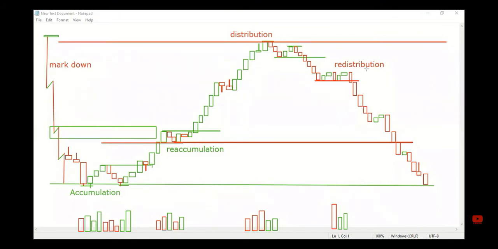So when again there is a range and the sellers' candles volume is higher than the buyers', more possibility that the breakout happens in the downward direction and it will go more down. That time it's a distribution, it's a redistribution. If we again see this type of ranging situation, bearish candles volume high, the market falls down, breakout happens in the downward direction, that time it will be our redistribution again.